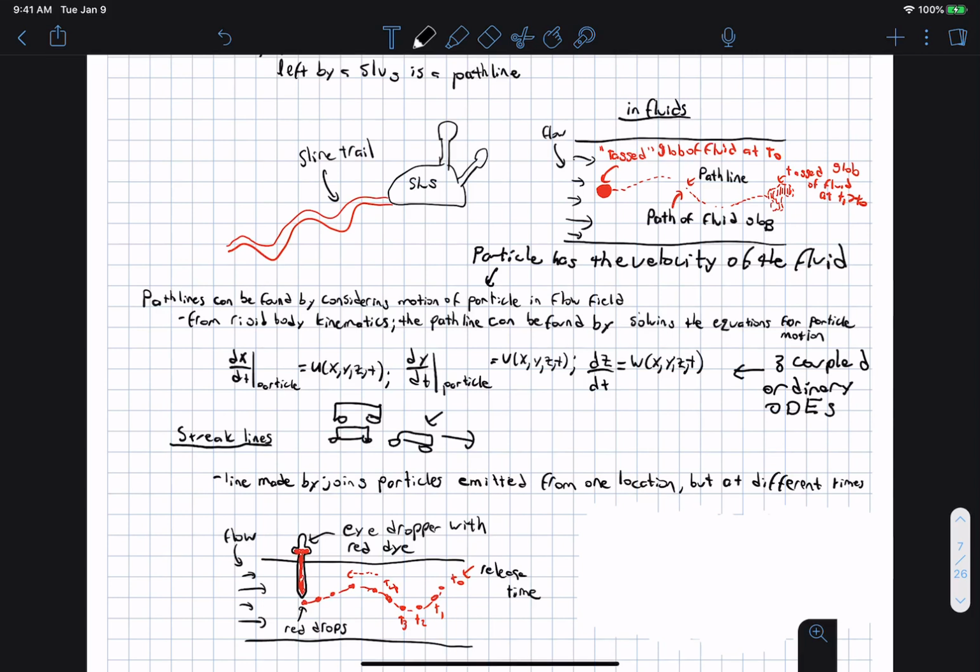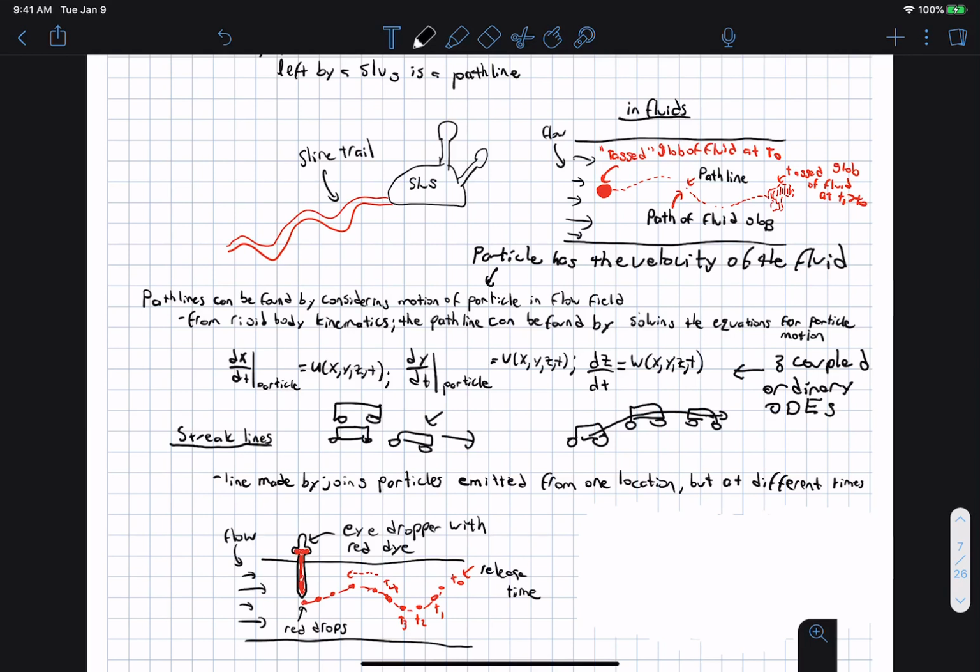Okay? And so car 1 goes, then car 2 goes, then car 3 goes. Now if you had a drone and after the race got going, you would see that car 1 would be up here somewhere racing, car 2 would be over here, and car 3 would be somewhere over here. And if we picked a line that connected these cars, that would be a streak line.